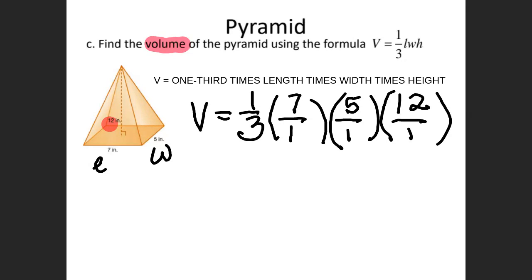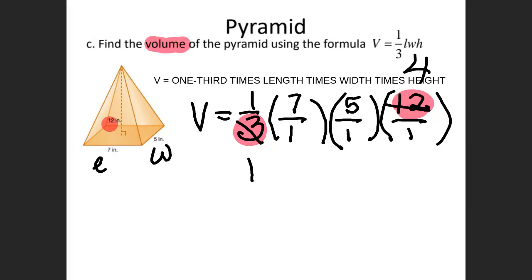Well, if you notice, you can take this 3 and the 12 way back here, because I'm multiplying all 4 of them together, and I can cross cancel. Now, if you don't recognize that, that's okay.